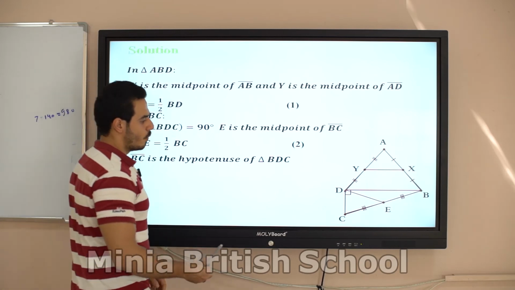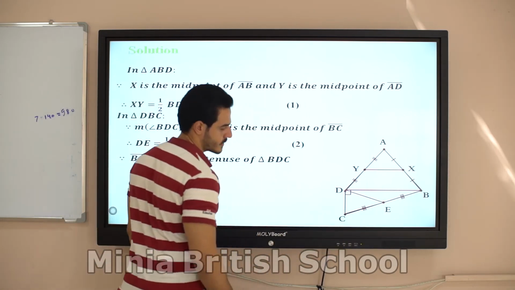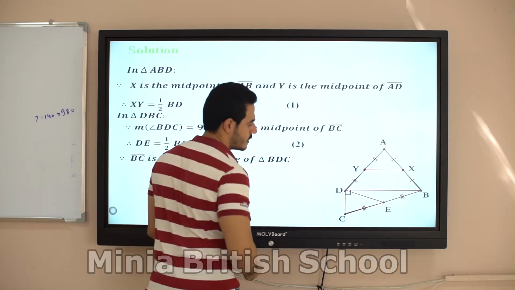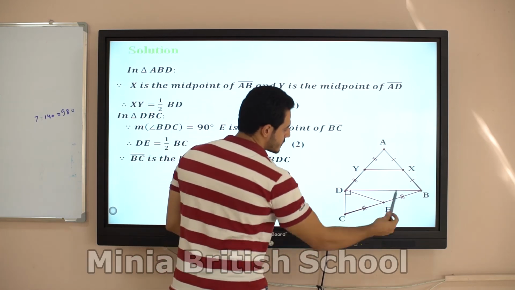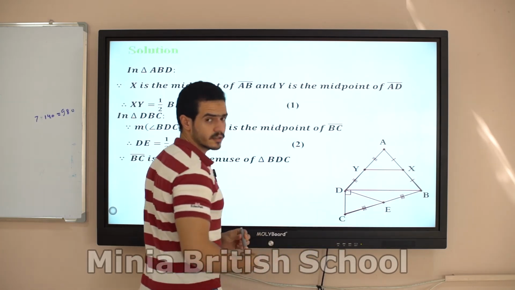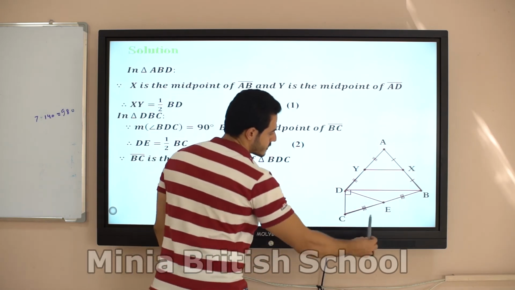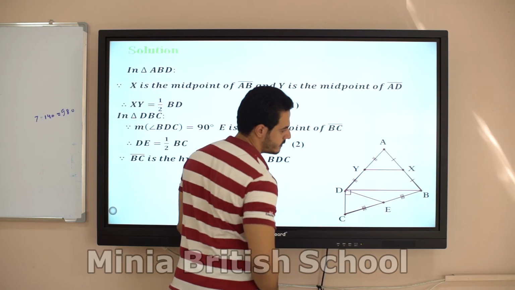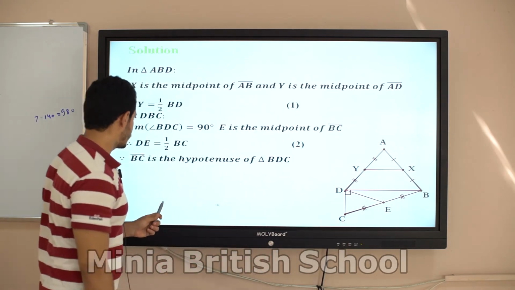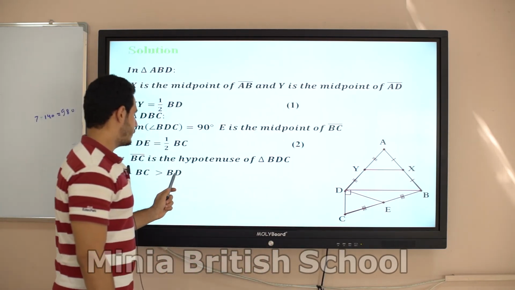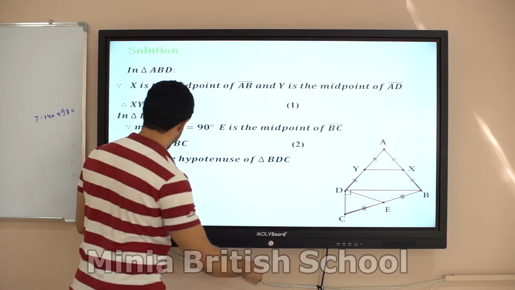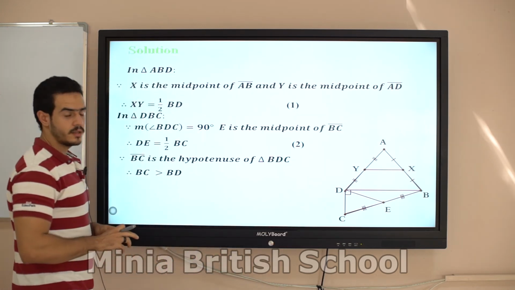What is the hypotenuse in this triangle? The hypotenuse is BC. So BC is the greatest side in triangle BDC, so BC is greater than BD, number 3.